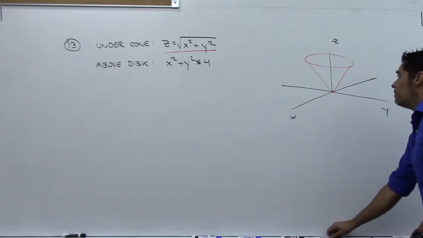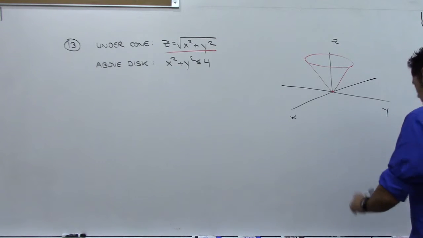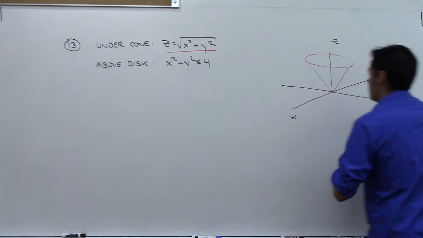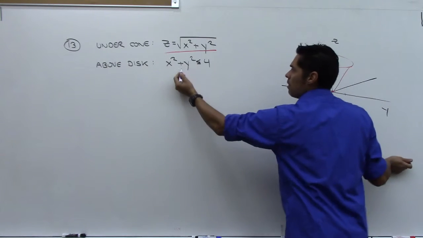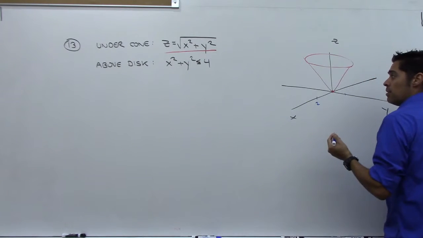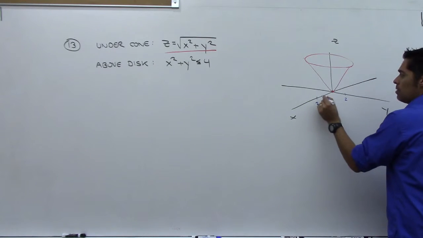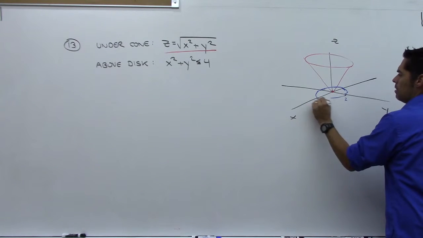And I'm trying to find the volume underneath this cone, but above this disk. So the disk lies on the ground, it has a radius of 2. Right? This is x squared plus y squared less than or equal to 4, so my radius squared is 4, so my radius is 2. So imagine on the ground here a disk.